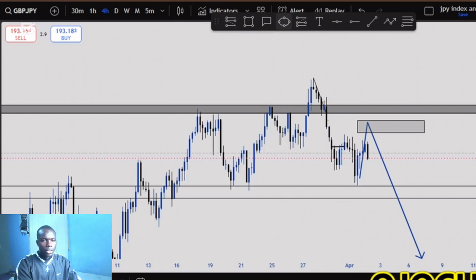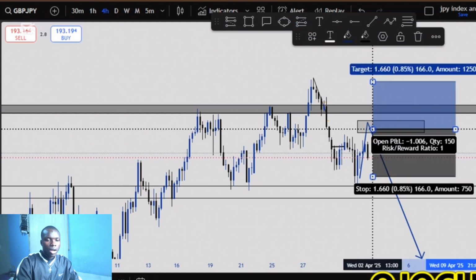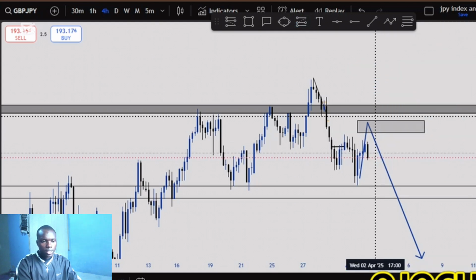So I'll be going on a short from this zone right here.